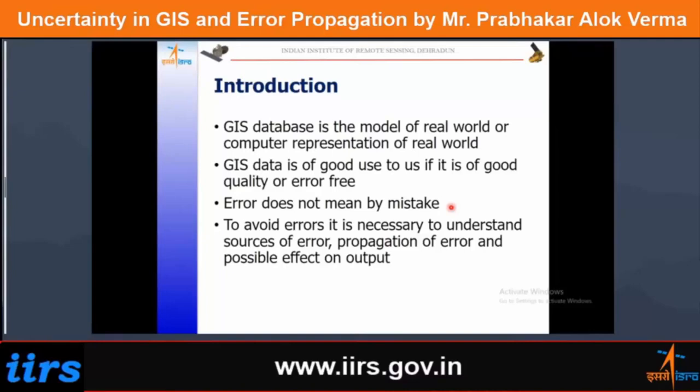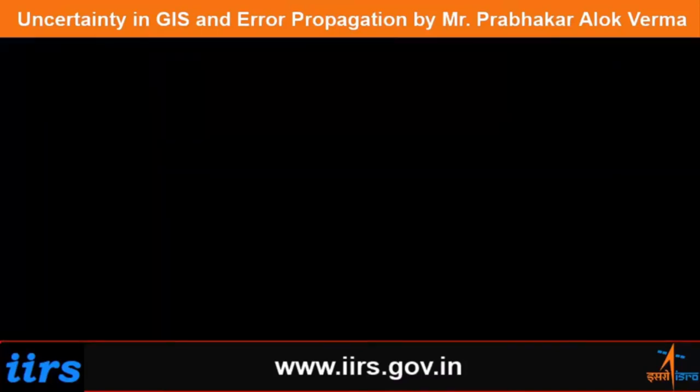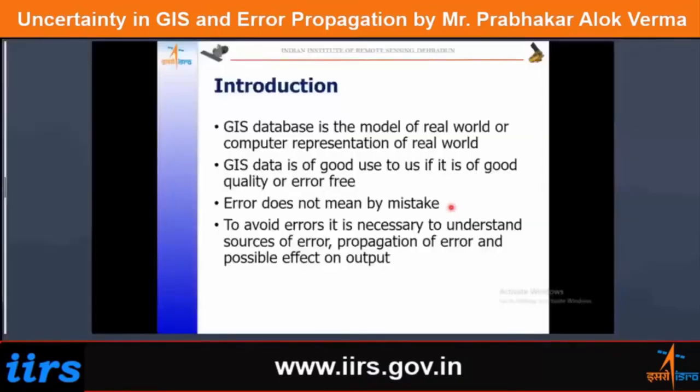And sometimes we have to take precaution to avoid the error, and sometimes even it is okay to have some error. It depends on the application. Like in the previous lecture, we discussed the application. If you have to work on small scale land cover analysis, it's okay to have some error of 10 meters, 20 meters.